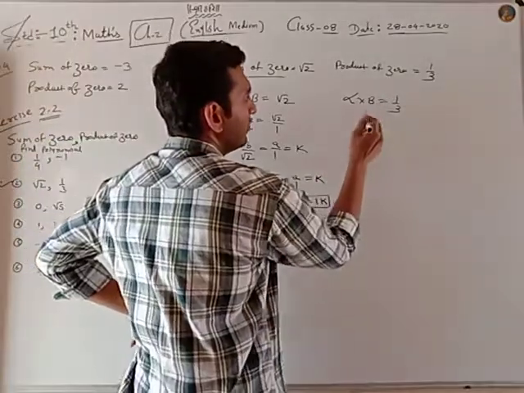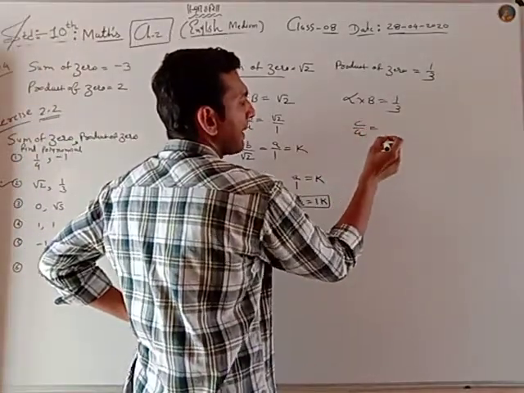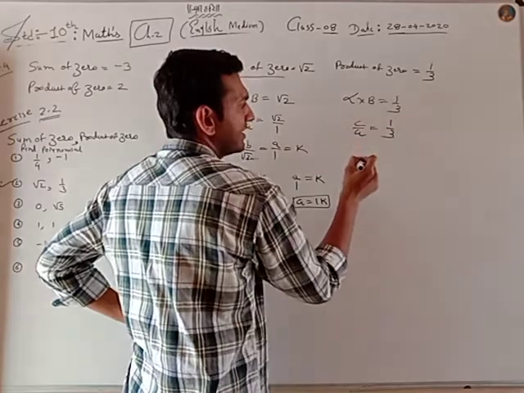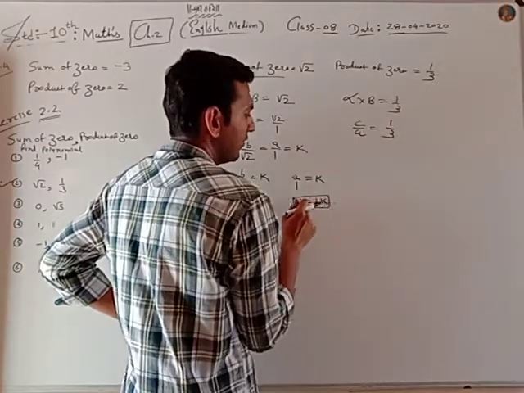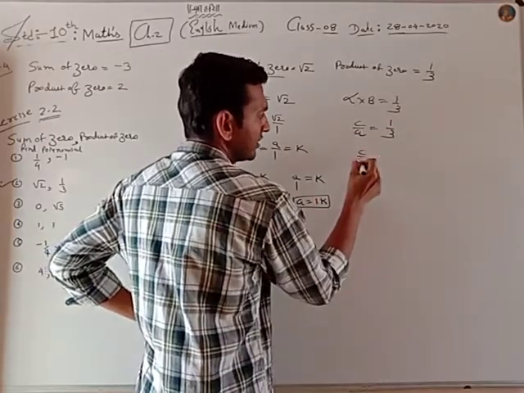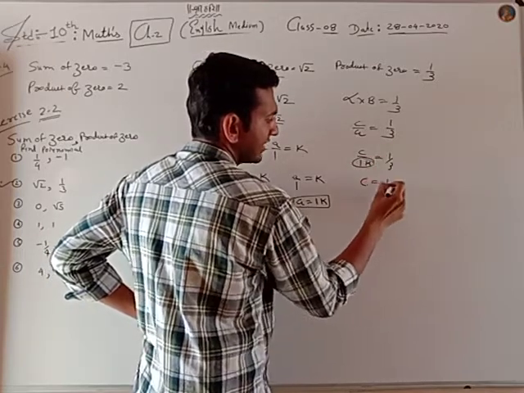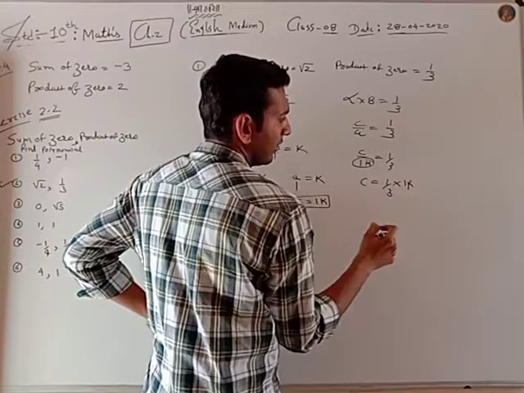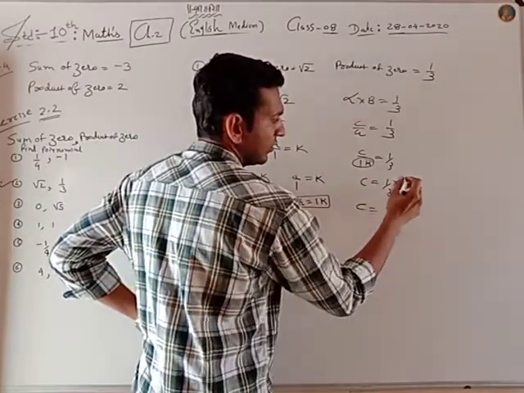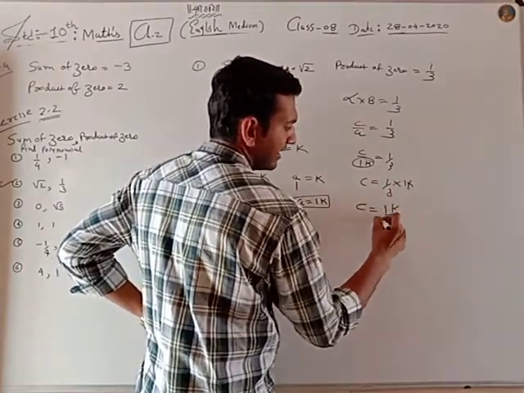Now alpha into beta is equal to c by a is equal to 1 by 3. Putting the value of a is equal to 1k, so c is equal to 1k into 1 by 3. Denominator goes that side, then multiply, so c is equal to 1k by 3.